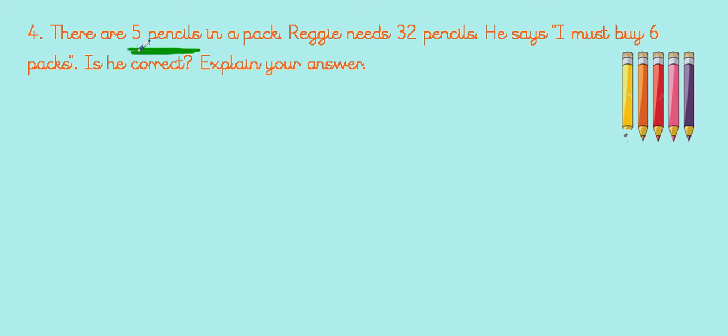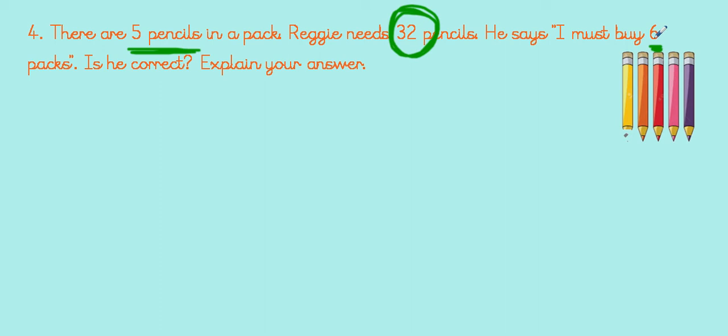Okay, so in each group we've got 5, and Reggie's total, he needs to have enough. He needs to have 32 pencils, doesn't he? He says, I must buy 6 packs, 6 lots of 5. Is he correct?